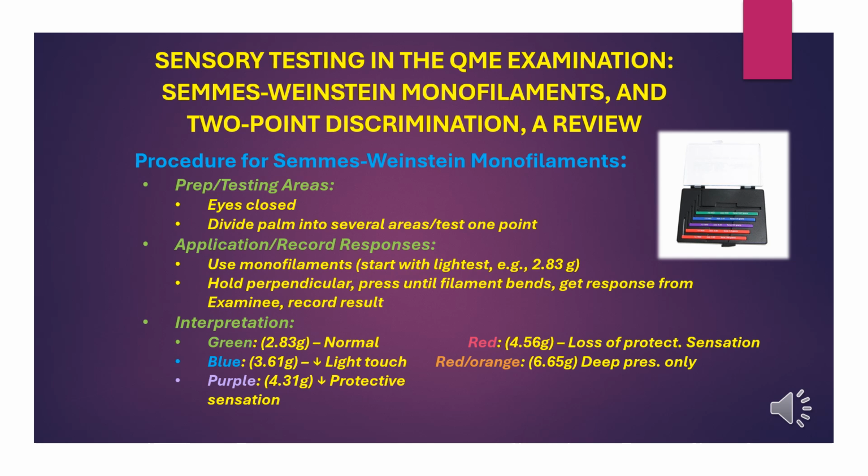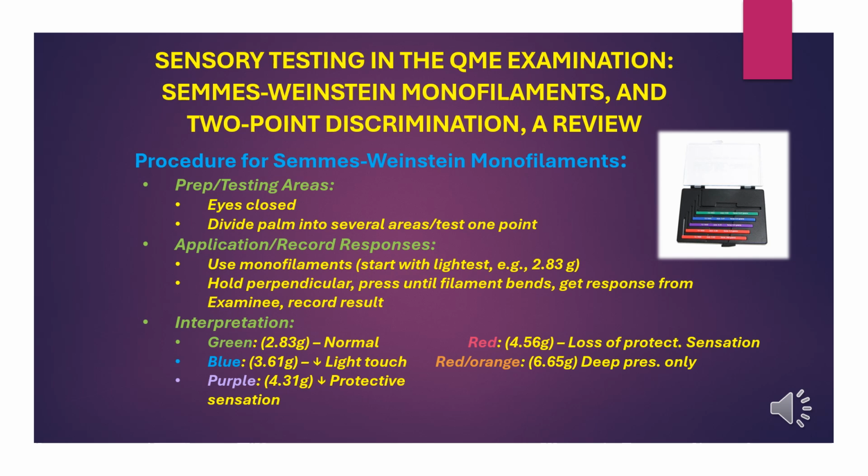Now, recording these, if they feel the monofilament, then you record the result. If they don't feel the monofilament, use the next thicker monofilament and repeat the process. You continue this process until the individual can feel a specific monofilament or until the thickest one is used.